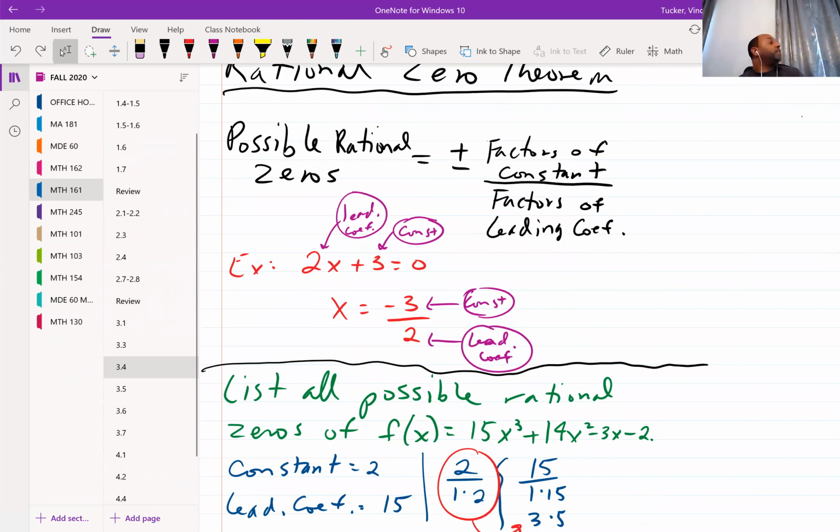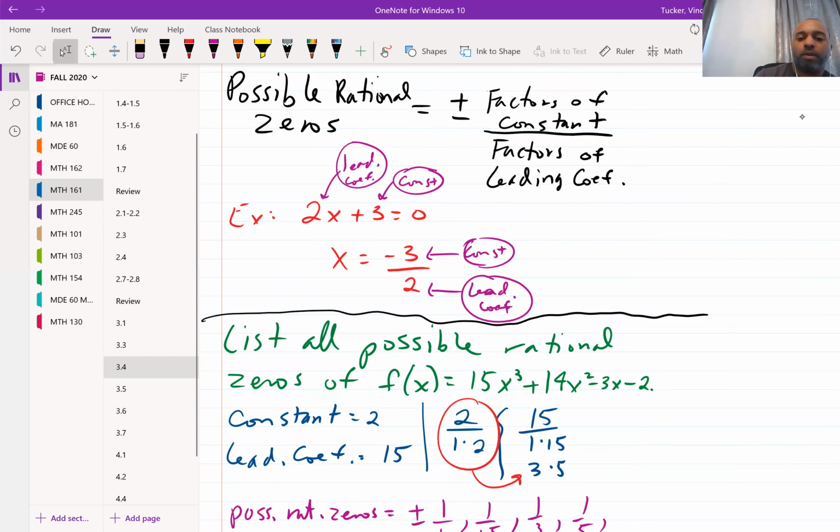So next example, or the first example. First example is to list all possible rational zeros of 15x cubed plus 14x squared minus 3x minus 2. All right. So our constant is the 2.